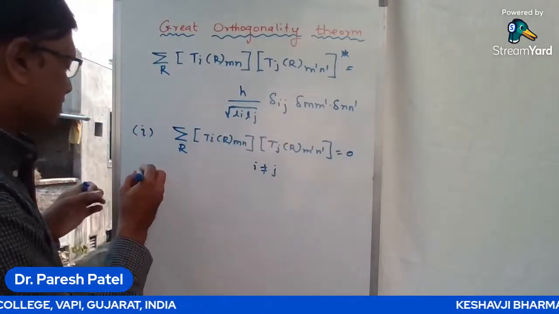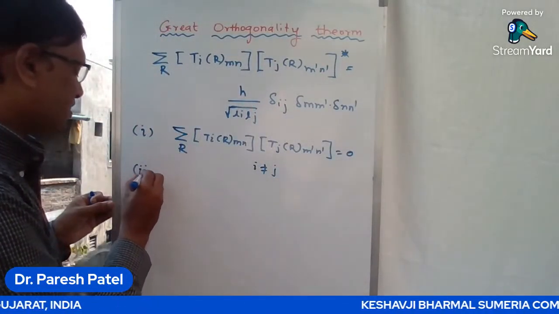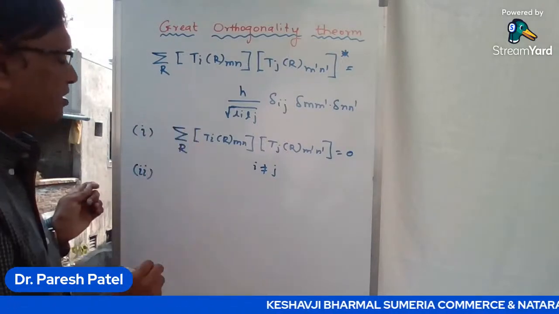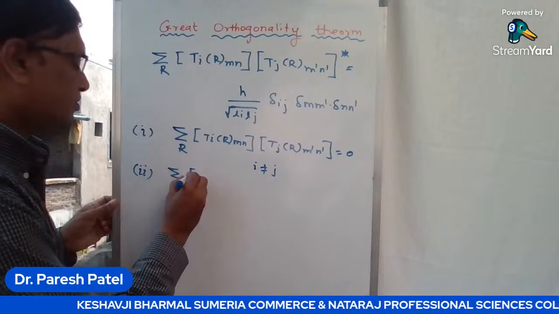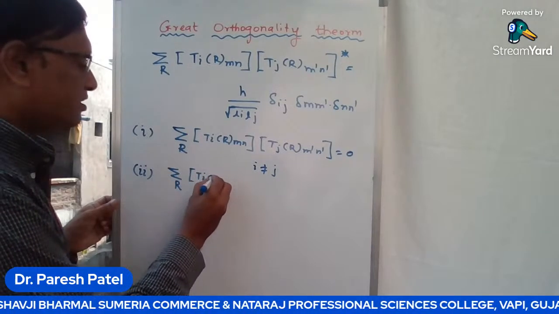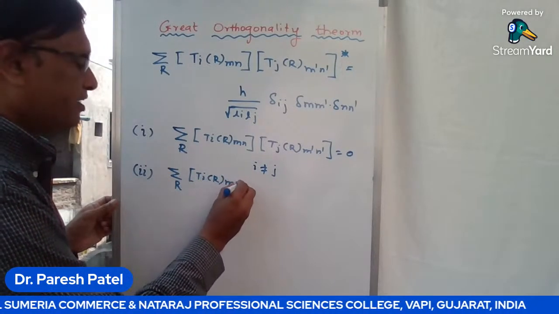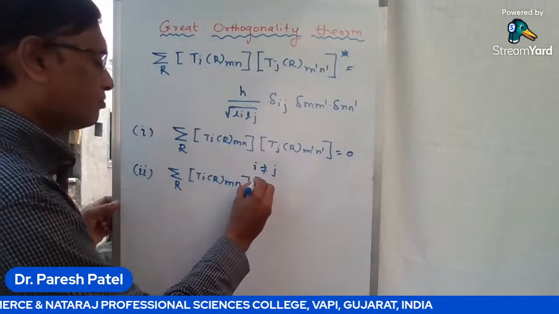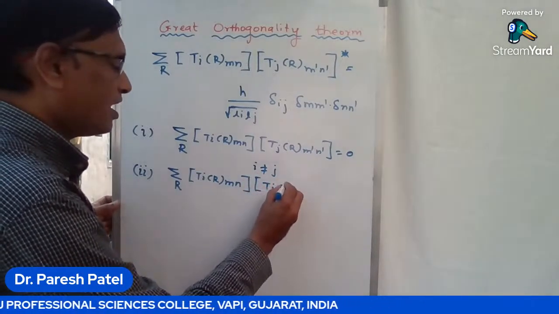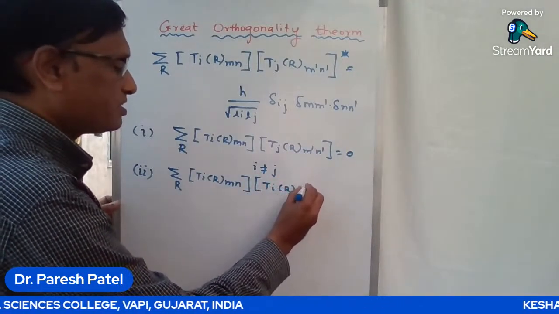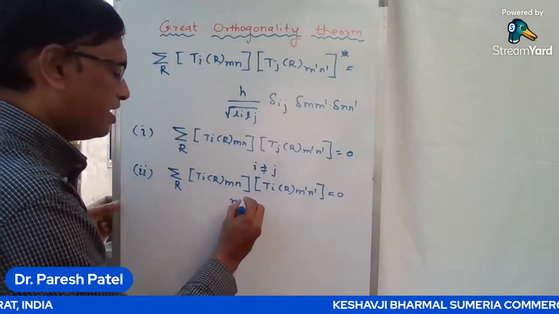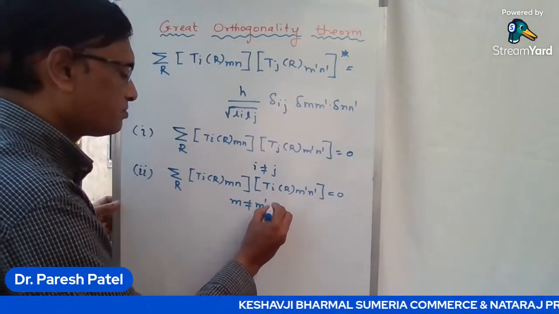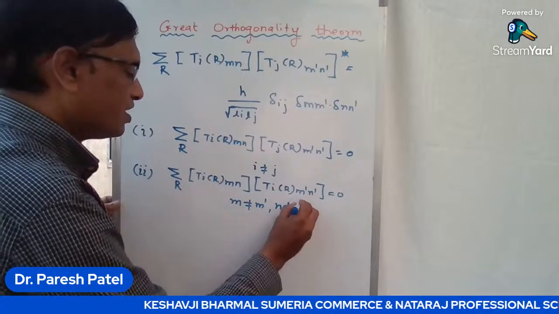The second mathematical statement of the great orthogonality theorem: summation over R of Γi(R)mn Γi(R)m'n' is equal to 0. Here m is not equal to m', and n is not equal to n'.